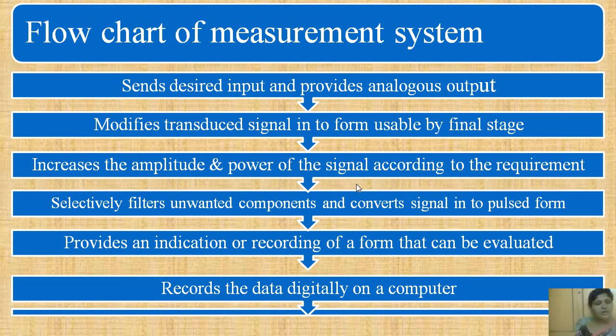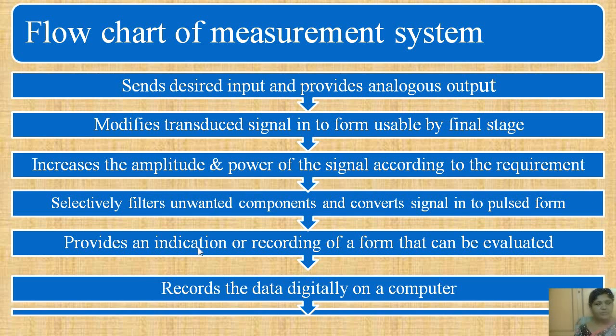If we want a low amplitude signal converted into a high amplitude signal, that is done by the variable manipulation element. Then come the selective filters, which remove the unwanted components, meaning noise or distortion, from the signal, giving a pure signal.